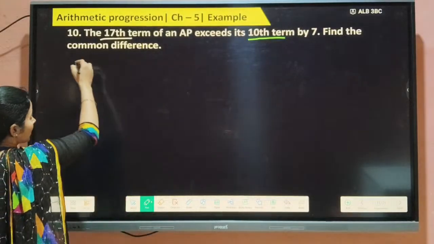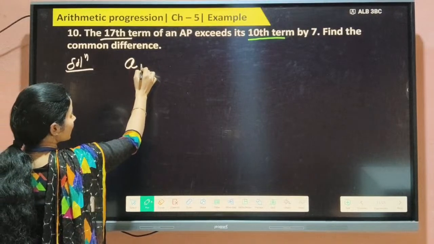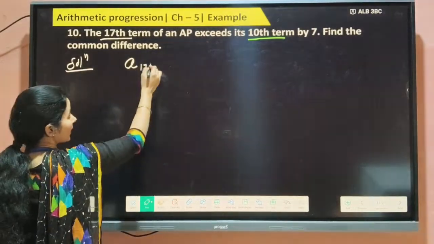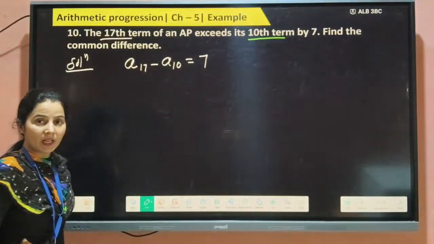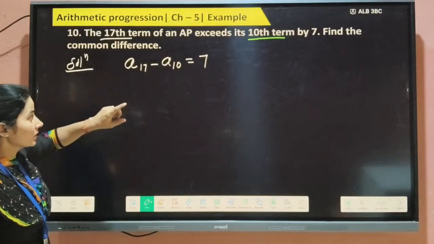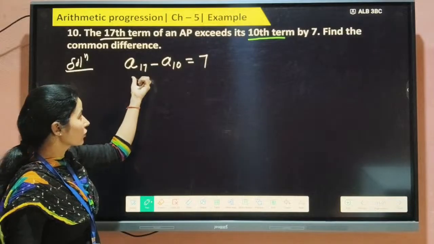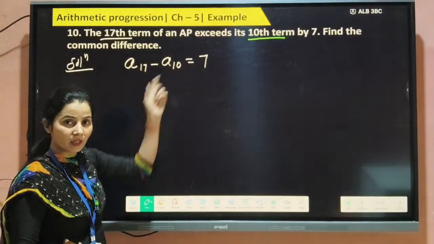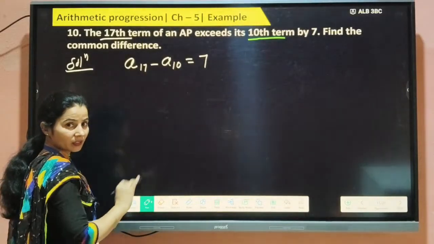So use the given condition: the 17th term of this AP exceeds its 10th term by 7. I can write A17 minus A10 equals 7. The difference of the 17th and 10th term is 7.